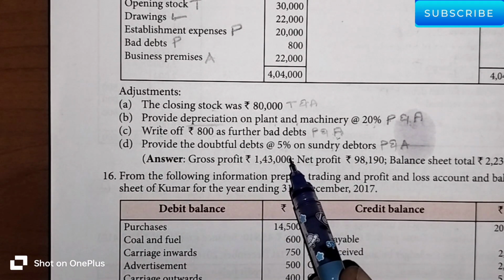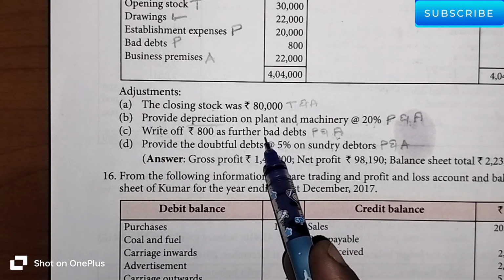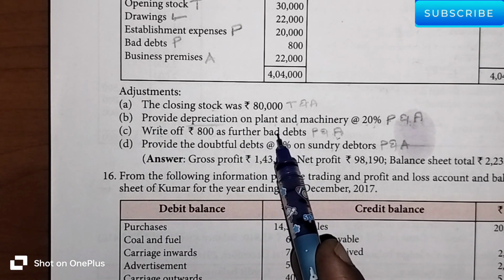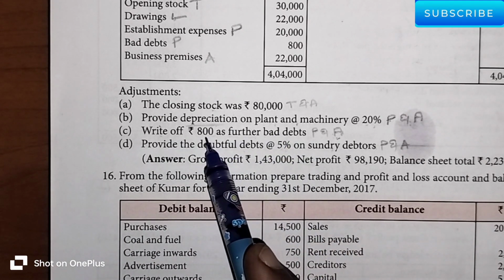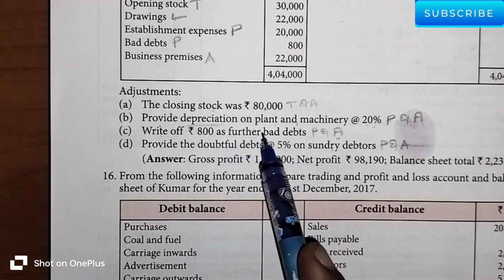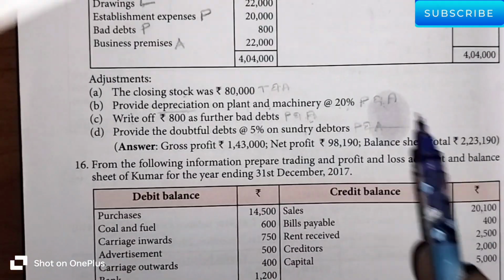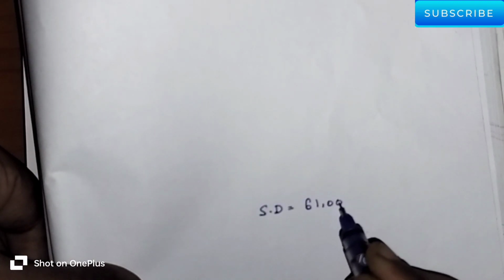Listen, if they have given a percentage, before that we have to look at the previous transaction, that is we have bad debts. So we have to subtract 800 rupees further bad debts from the sundry debtors 61,000. So sundry debtors we have 61,000.